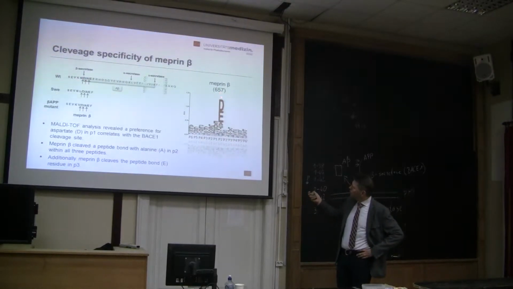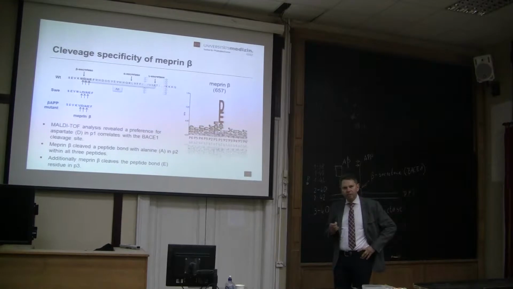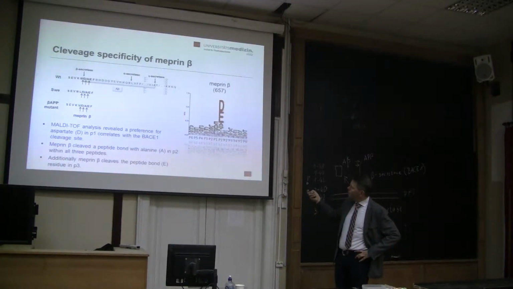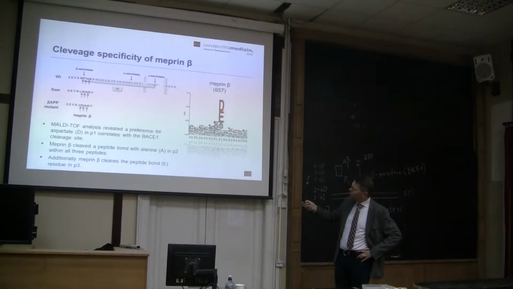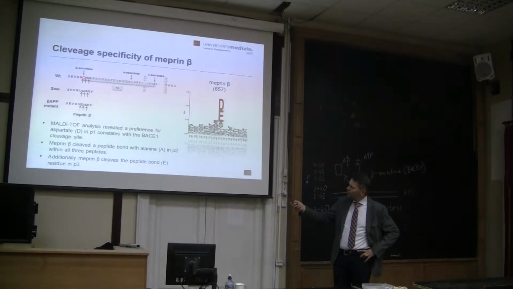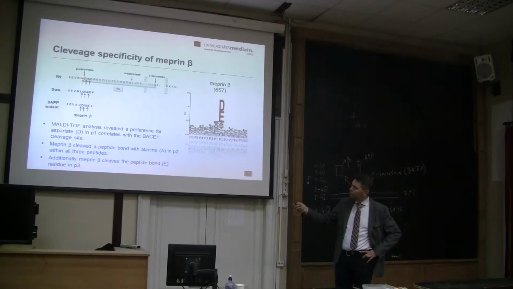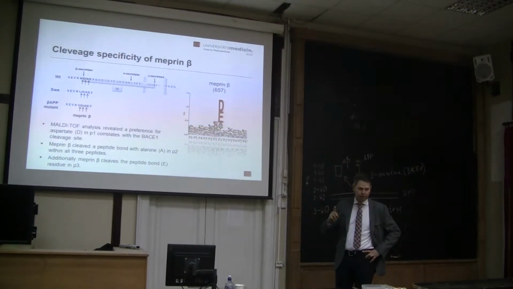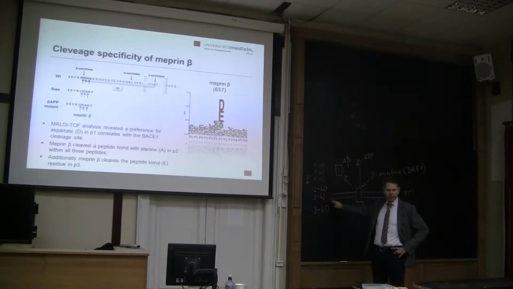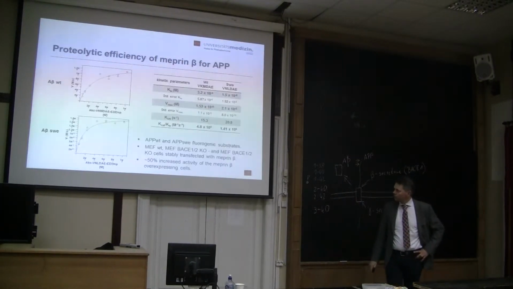Because when you look at the cleavage specificity of meprin beta, you can see that they really like aspartates, which is here, or glutamates or alanines, which we all have here, right? So theoretically, meprin should be able to cleave exactly at the position where BACE cleaves, and should be able to cleave at position 2 and 3. And then we would be back in business here for our peptides that we have seen in the brains of the Alzheimer's disease patients.